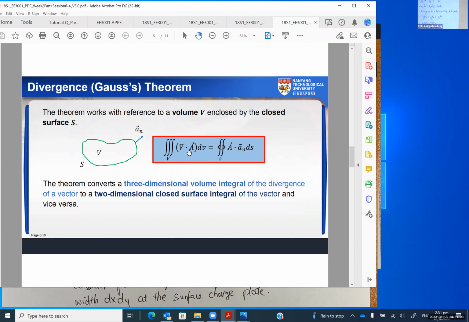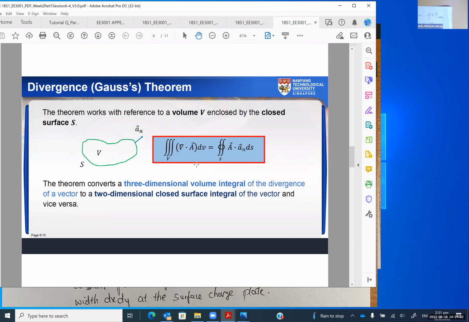When you find its divergence and integrate the result over a volume, it is equal to the closed surface integral of that field. A is the field vector, dotted with the area vector, where dS n is the area vector. So this is the divergence theorem.